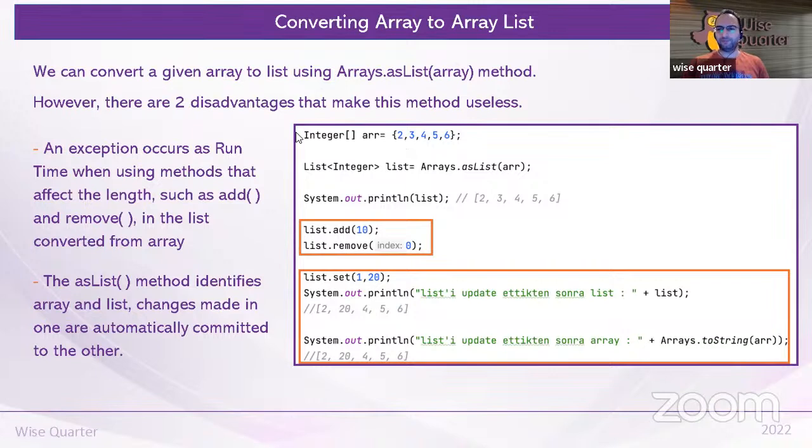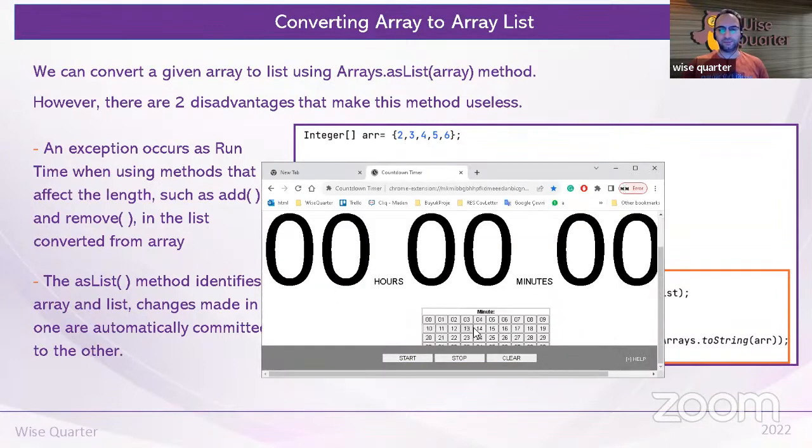But there is another way. But I strongly do not recommend it because I will try to explain why after the break time. How do we create it? If you use Arrays.asList, the array here, it will create a list. But there are a lot of disadvantages here, and we will talk about them after 15 minutes. Thank you very much, and see you after 15 minutes.